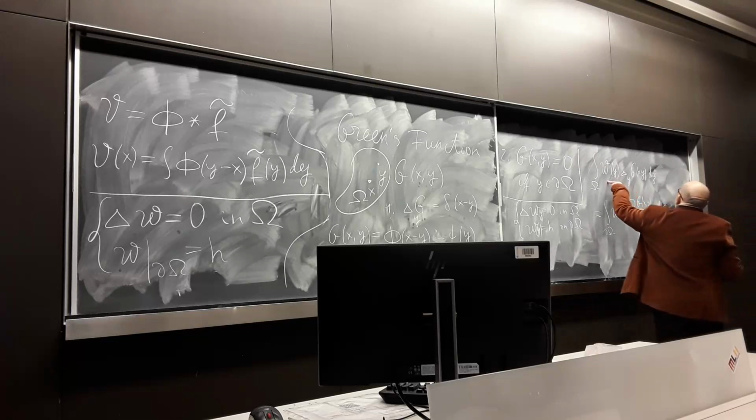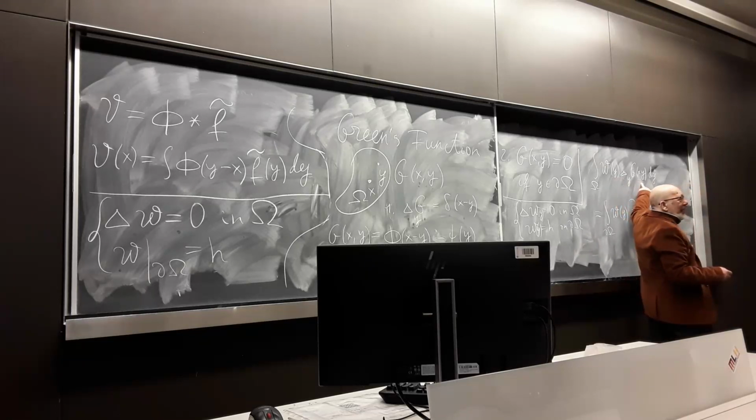It means Laplacian of g of x, y is the delta function at the point x.